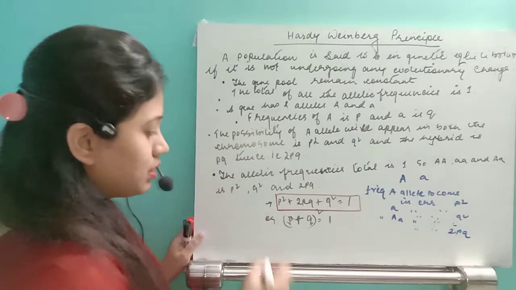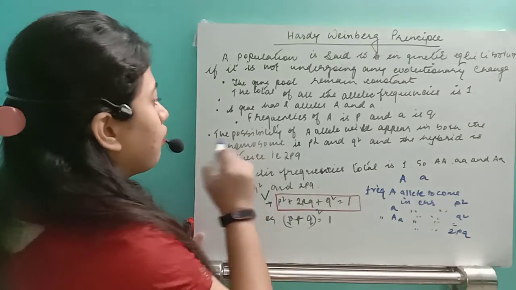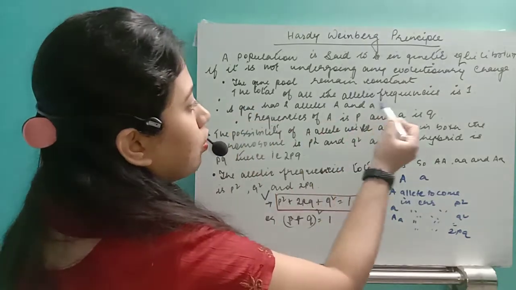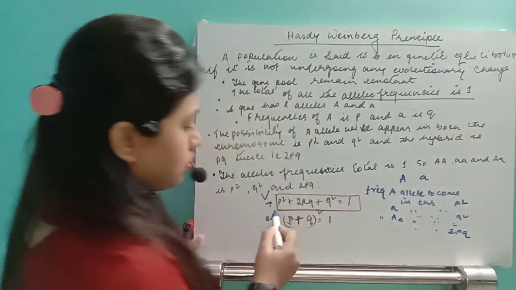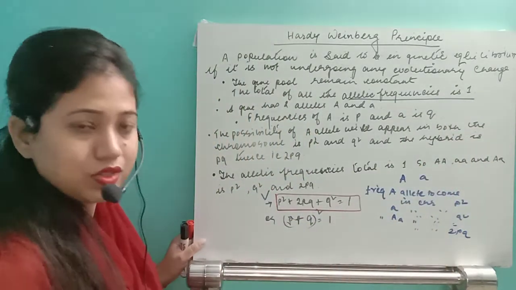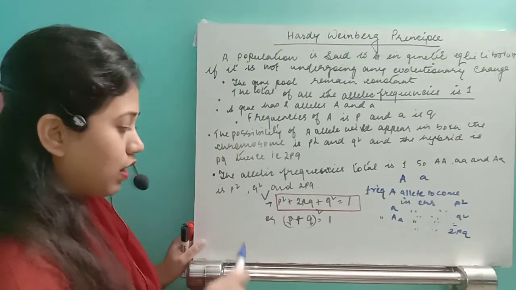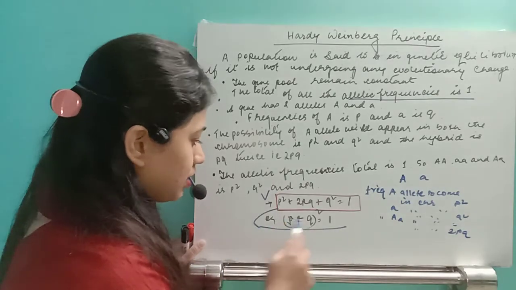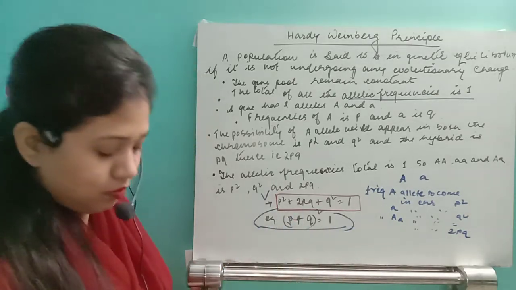And the sum total of all the allelic frequencies is 1, or we can say that p plus q whole square is equal to 1.